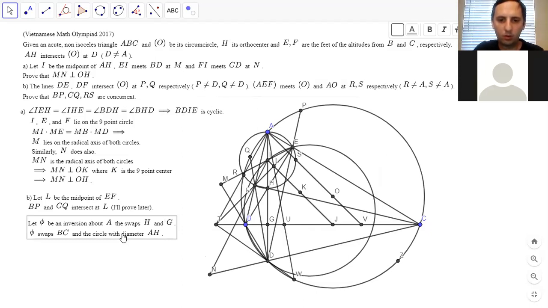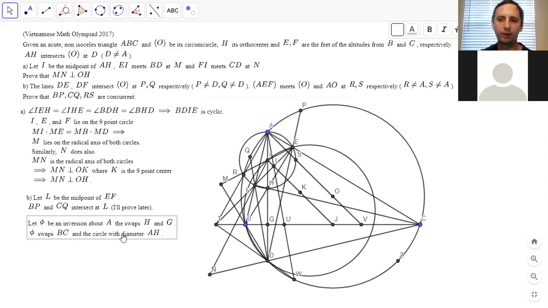So showing that R, L, and S are collinear is the same as showing that T, W, V, A is cyclic.